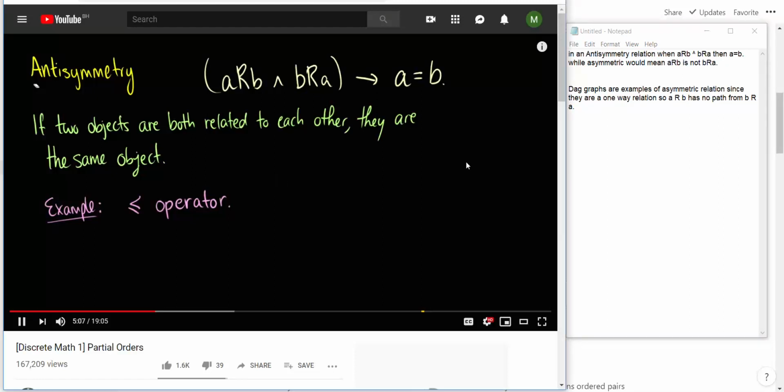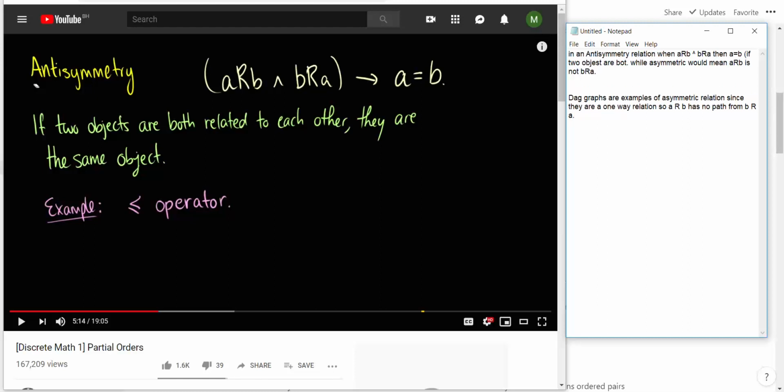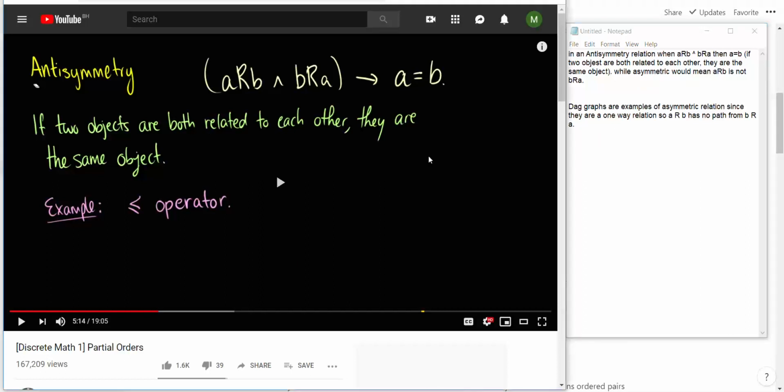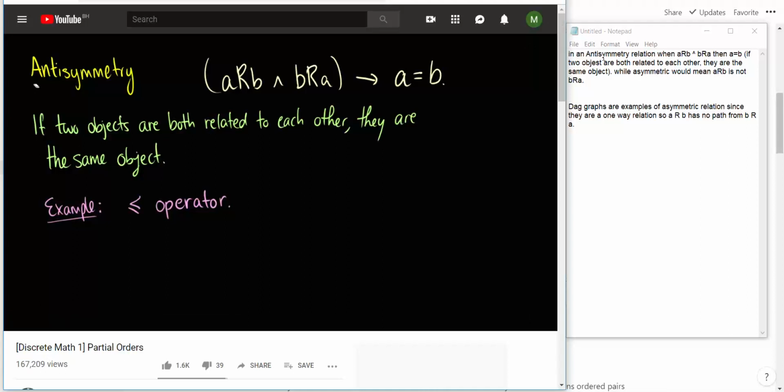So what this means is that if two objects are related to each other, they're going to be the same object in an anti-symmetric relation. So for instance, we have this less than or equal to operator.